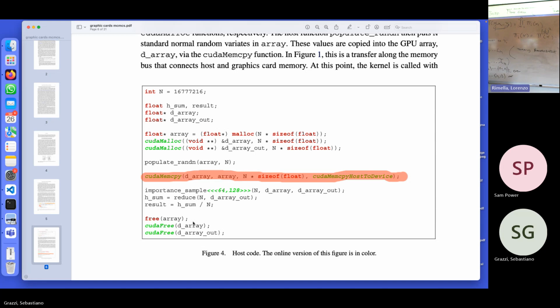How do you implement it? There is no code for the other implementation. This is just the importance sampling snippet of code, nothing else.